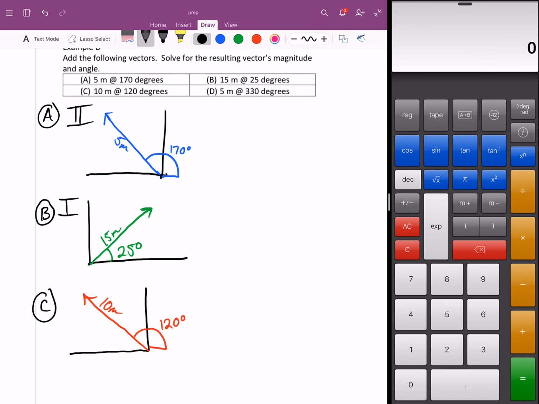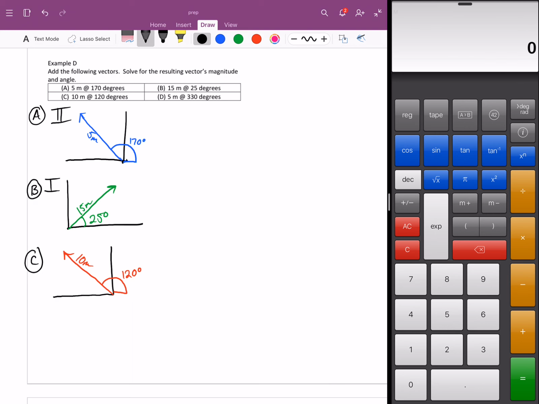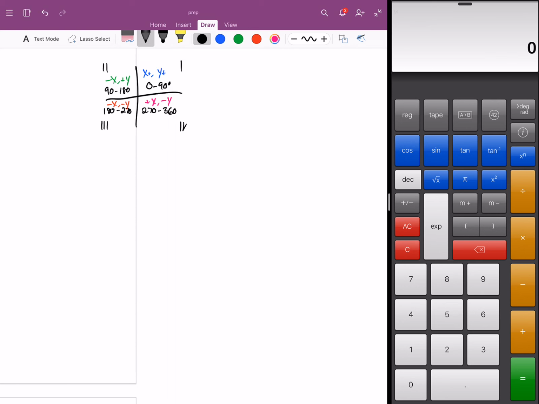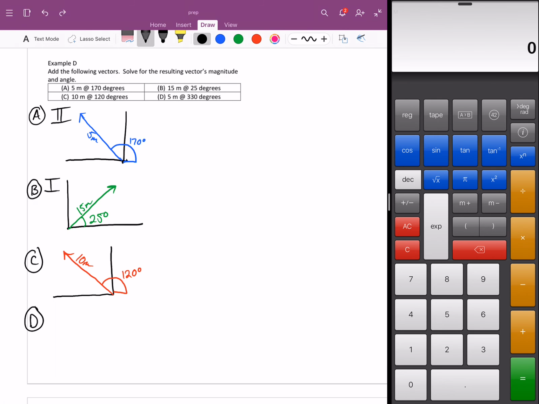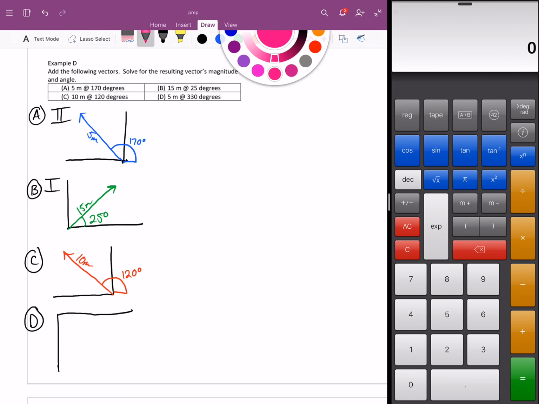Now let's go for D. D is at 330 degrees. This refers to quadrant 4. Draw quadrant 4, and draw your vector.